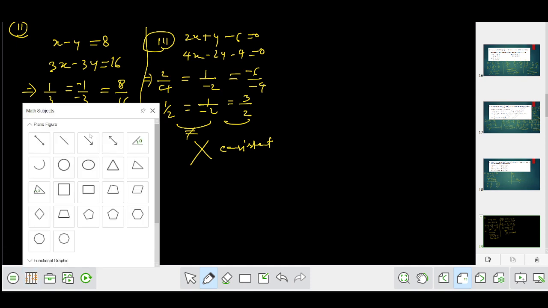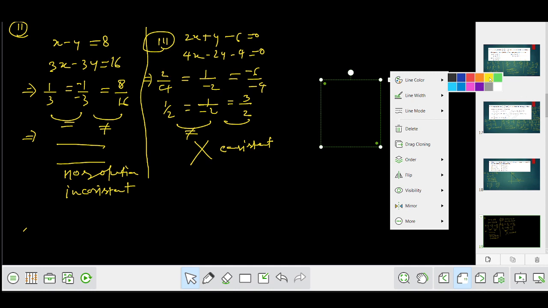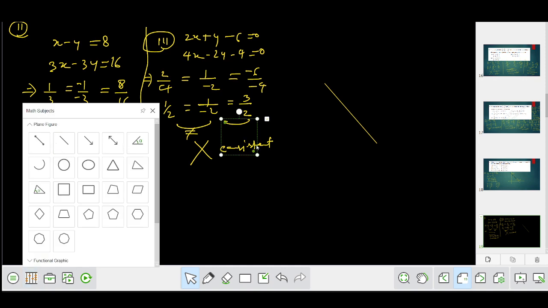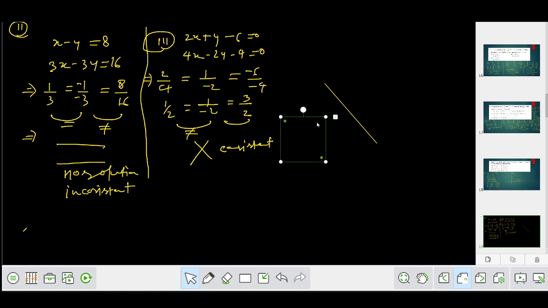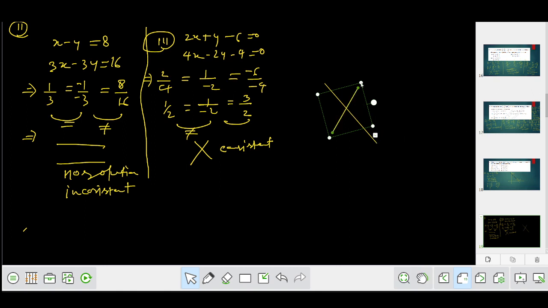Then we should draw the lines. This is drawing.